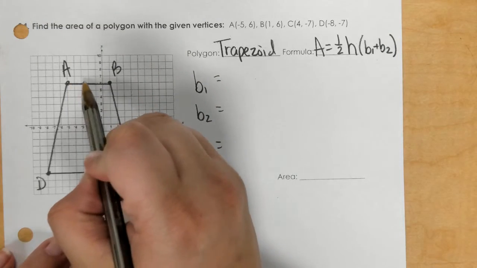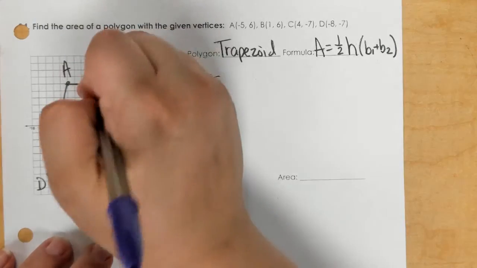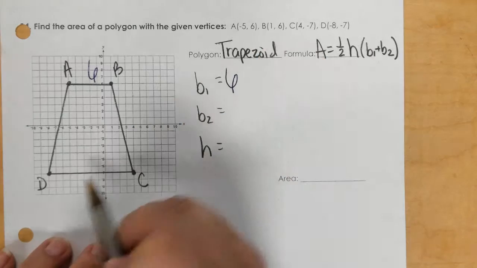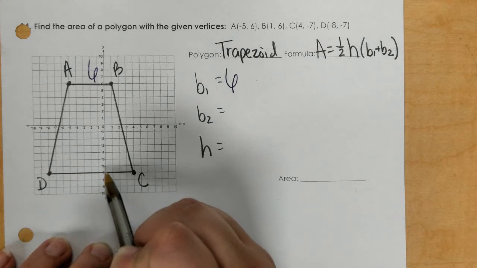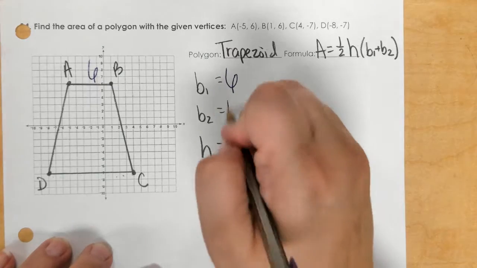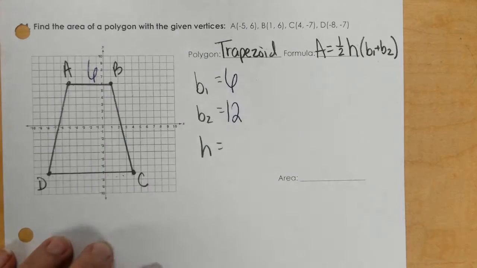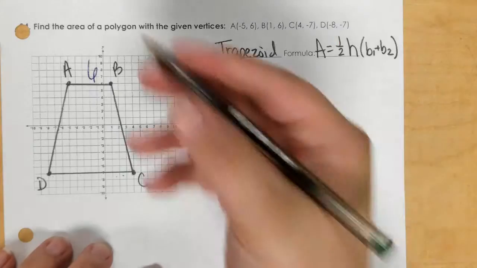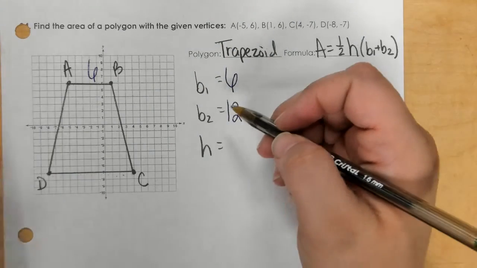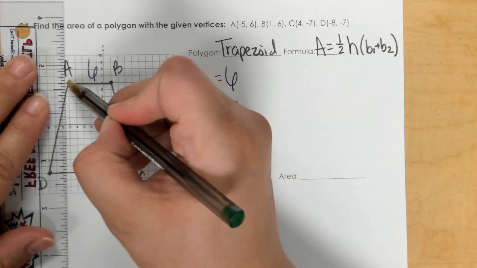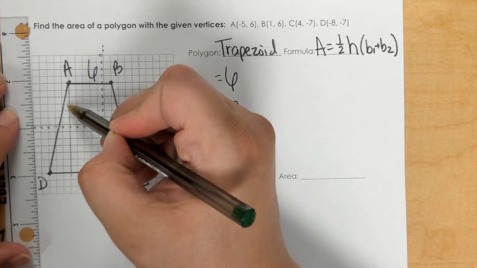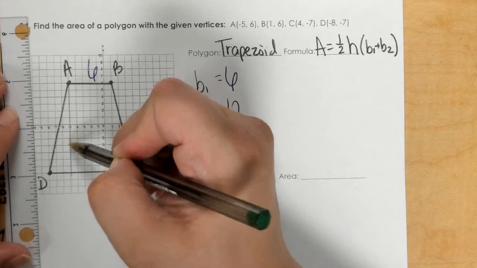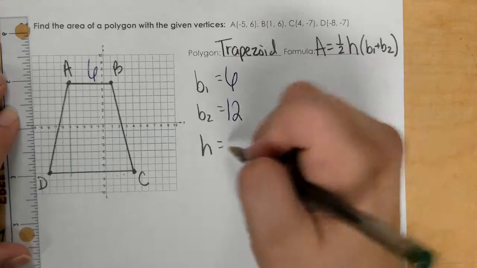Top base, that's 6. Bottom base, 12. And the height, let's count that. So from the top base to the bottom base, so 1, 2, 3, 13.